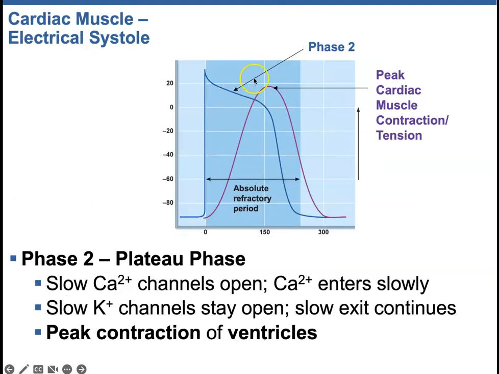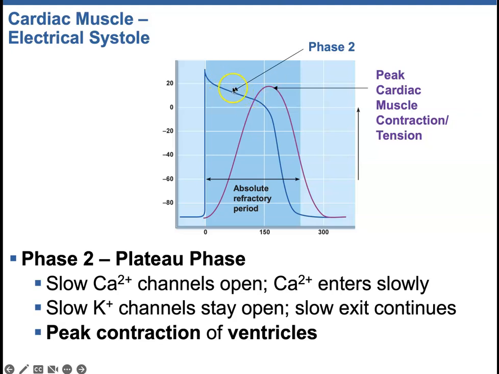And why we carry the plateau phase, phase 2, this is when we get more calcium channels opening and more calcium is going in from the sarcoplasmic reticulum and leaking out into that sarcomere and attaching to the troponin, so that that tension, boom, can build up in the cardiac muscle cell.